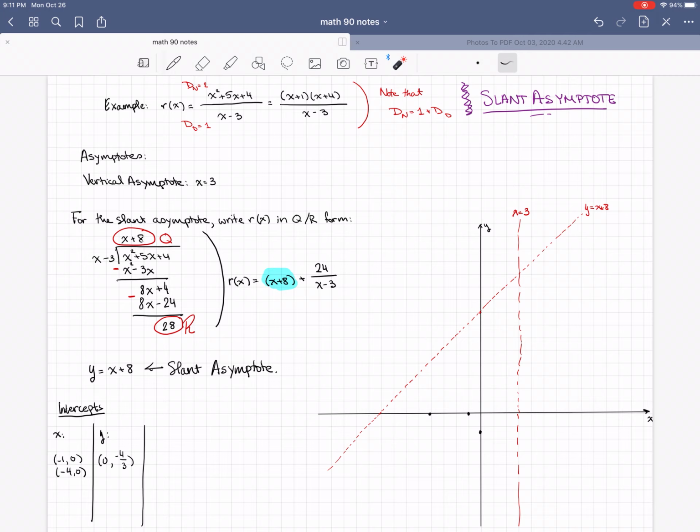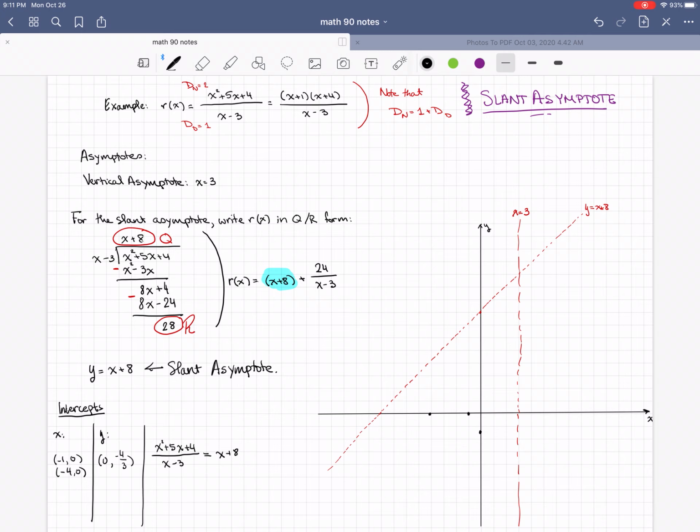We set the whole function to 0 and we solved for x. Well, to figure out where it crosses the slant asymptote, we're going to set the whole function to x plus 8. So we'll have x squared plus 5x plus 4 over x minus 3, and we want to see if that's ever going to be equal to x plus 8.